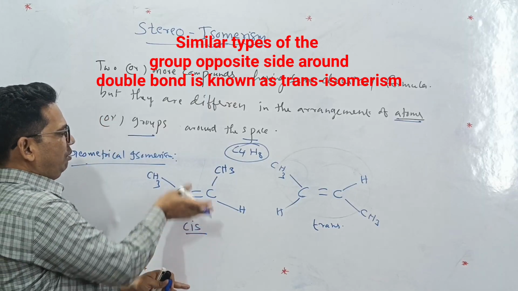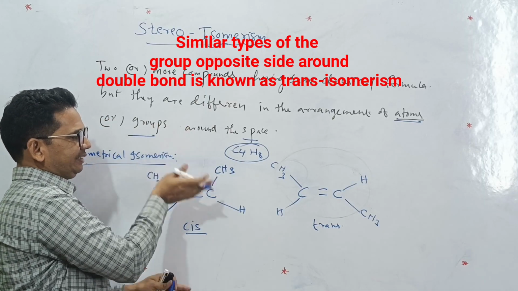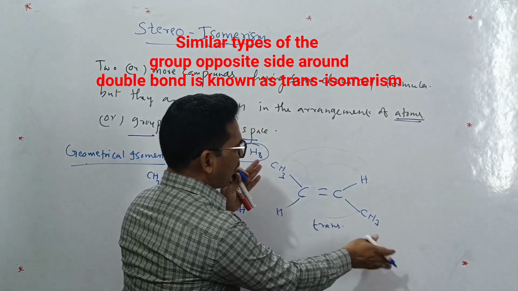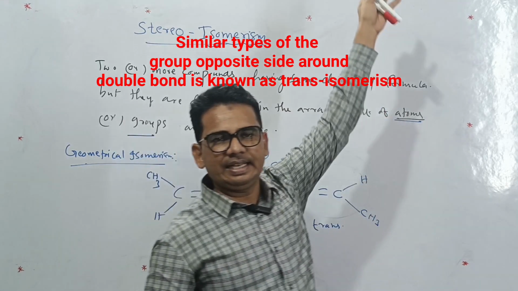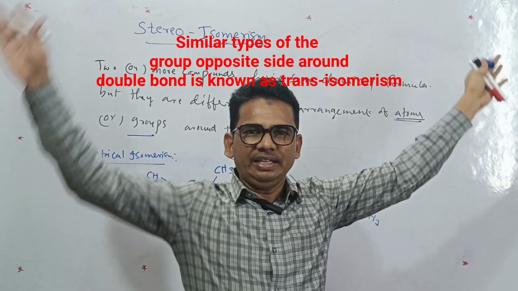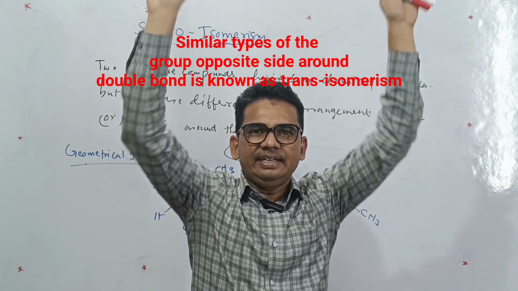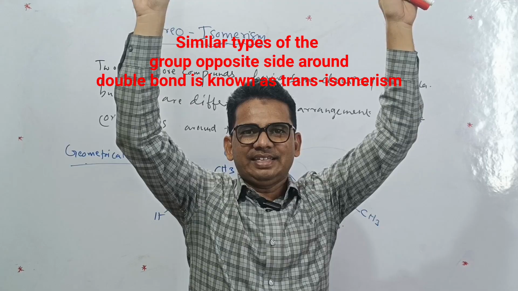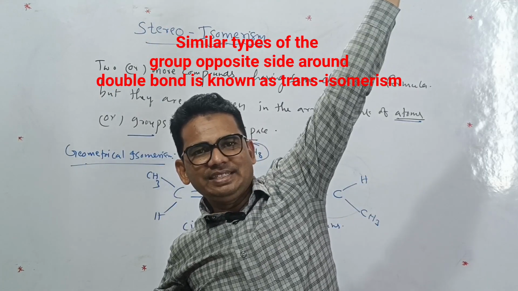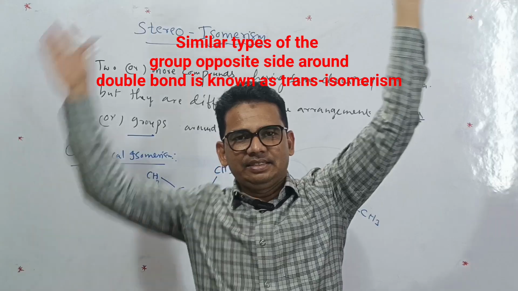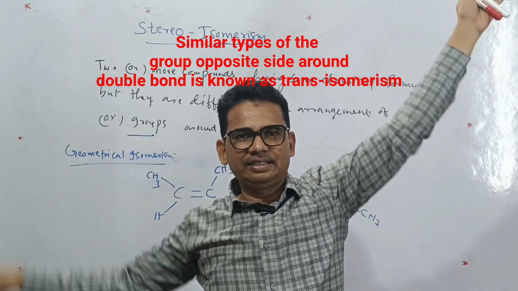In one case, both the groups are on the similar side. In another case, the similar type of groups are on the opposite side. If it is like this, same groups on the similar upper side, it is called the cis. One like this and one like this, opposite side, it is called the trans.